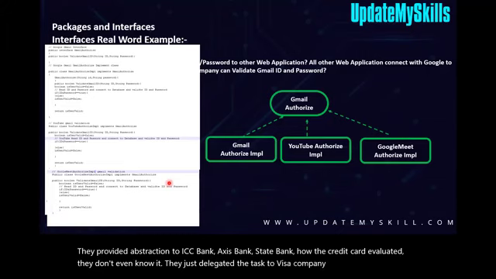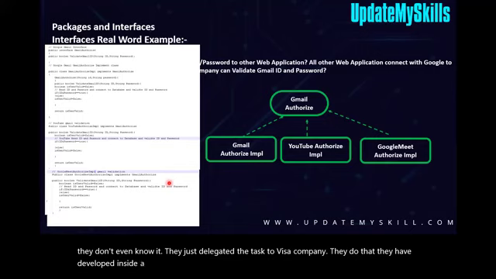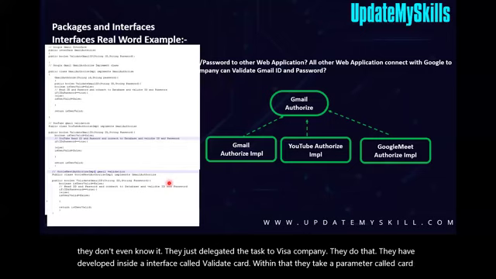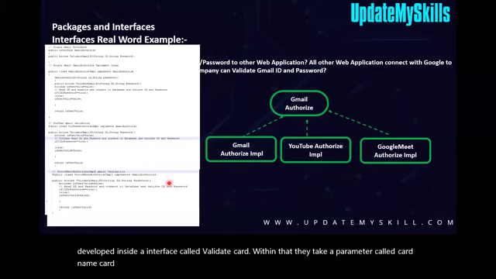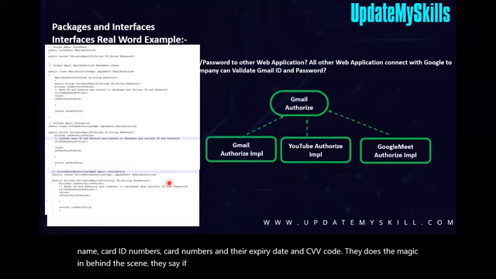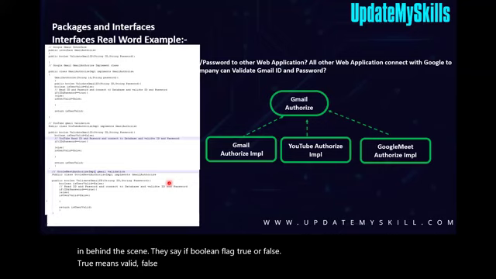They have developed an interface called validate card. Within that, they take parameters like card name, card ID, card number, expiry date and CVV code. They do the magic behind the scenes and return a Boolean flag, true or false. True means valid, false means the transaction is unsuccessful.